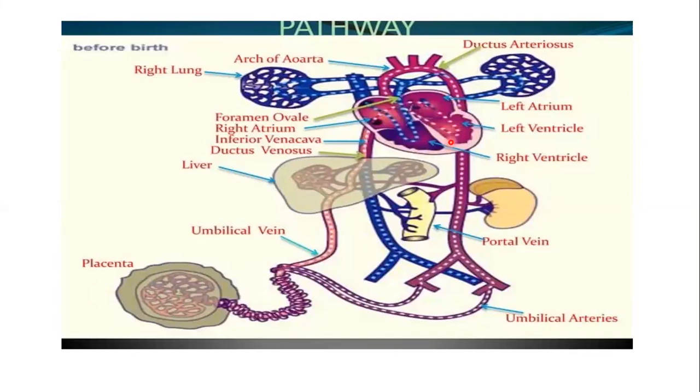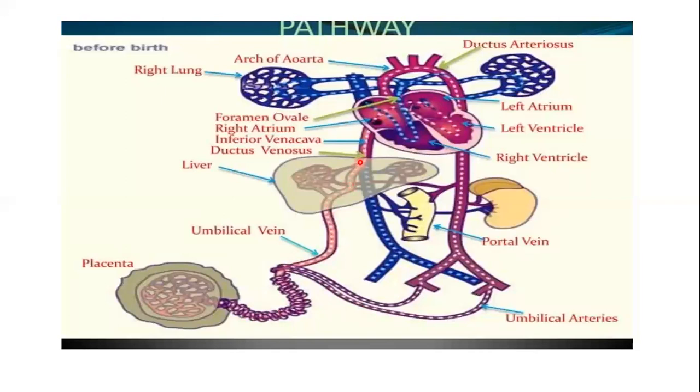Maybe the best place to start is from the placenta. From the placenta, the oxygenated blood moves through the umbilical vein. We have one umbilical vein and two umbilical arteries. So it moves through the umbilical vein.